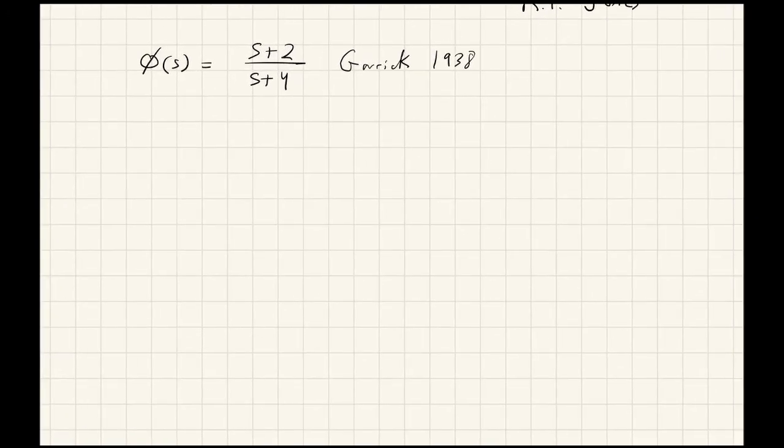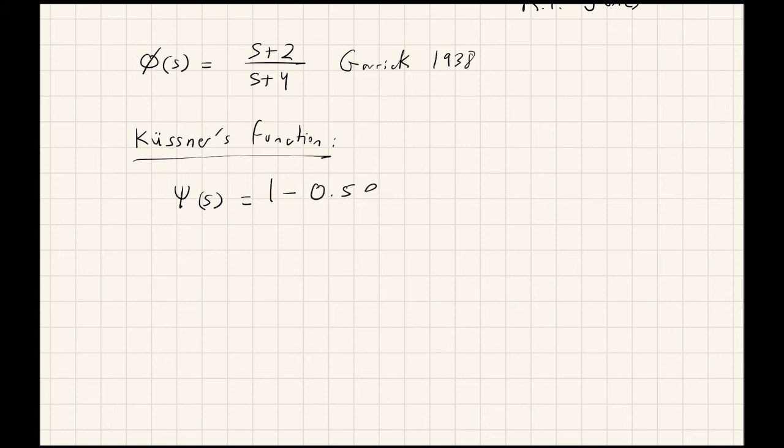And the approximations for Kussner's function are as follows. Psi of s is equal to 1 minus 0.5 e to the power of minus 0.13s minus 0.5 e to the power of minus s. And this is in Sears and Sparks, 1941.